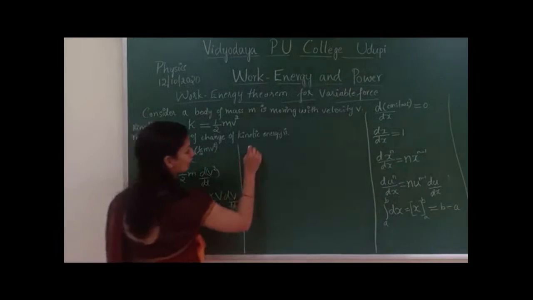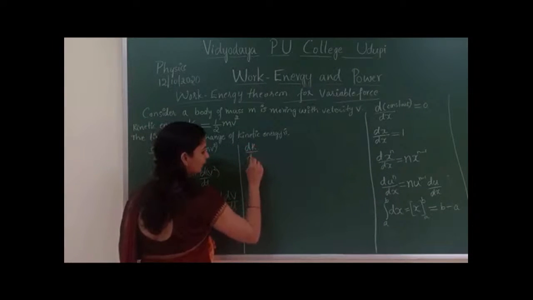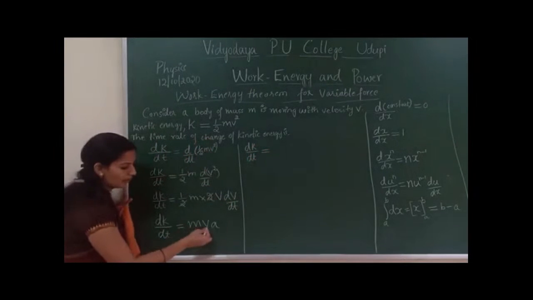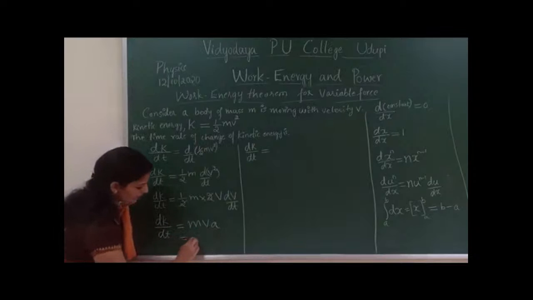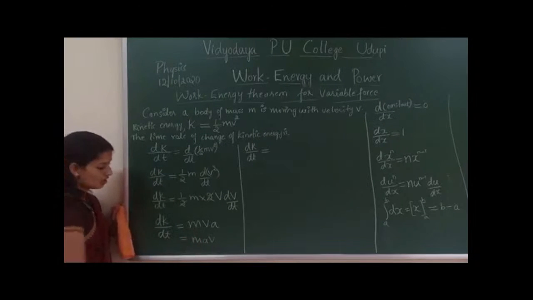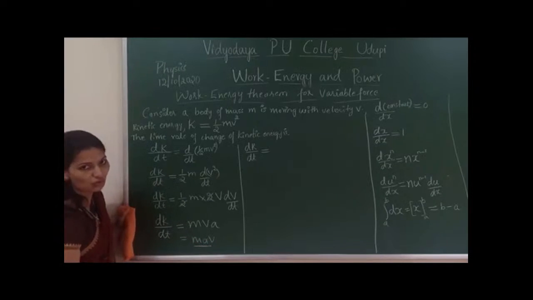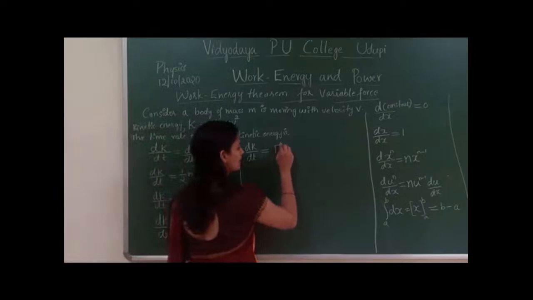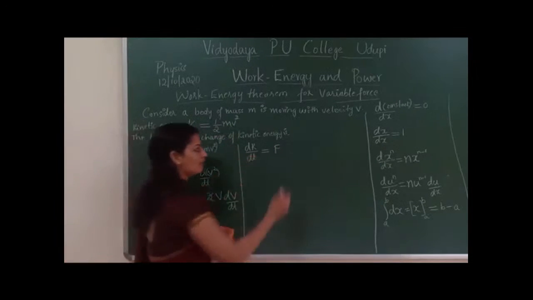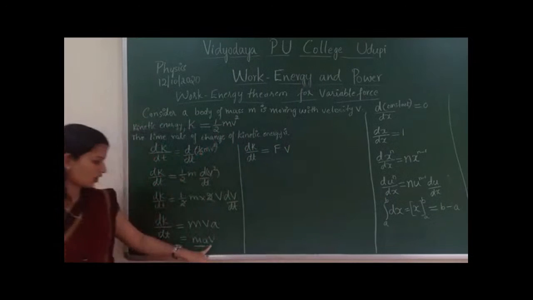Here dK by dt is equal to, look at this, mva. I can write it as ma into v, the same thing, isn't it? So m into a is equal to force, from Newton's second law of motion. I can write m into a, which is equal to F into v.